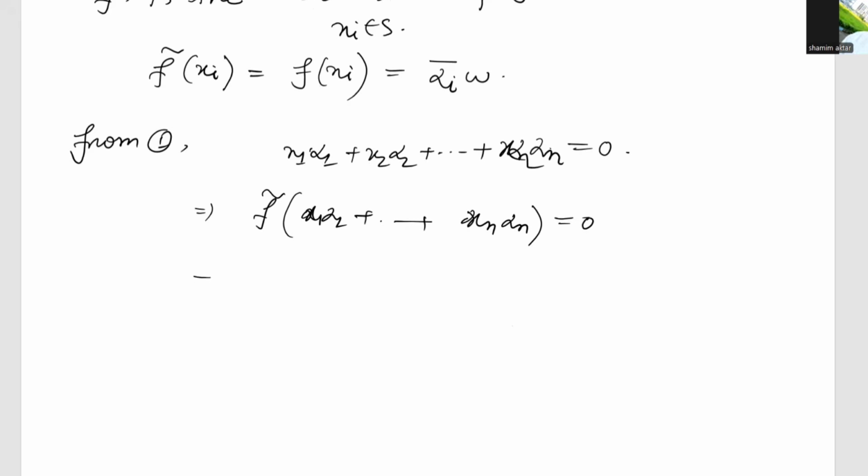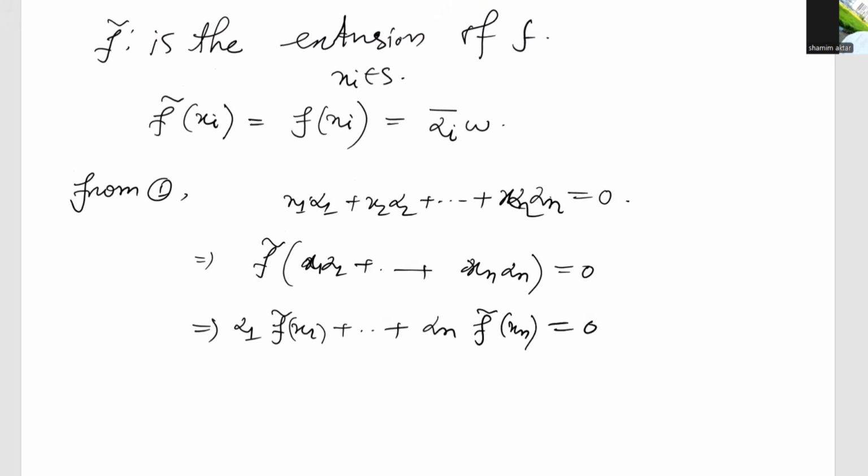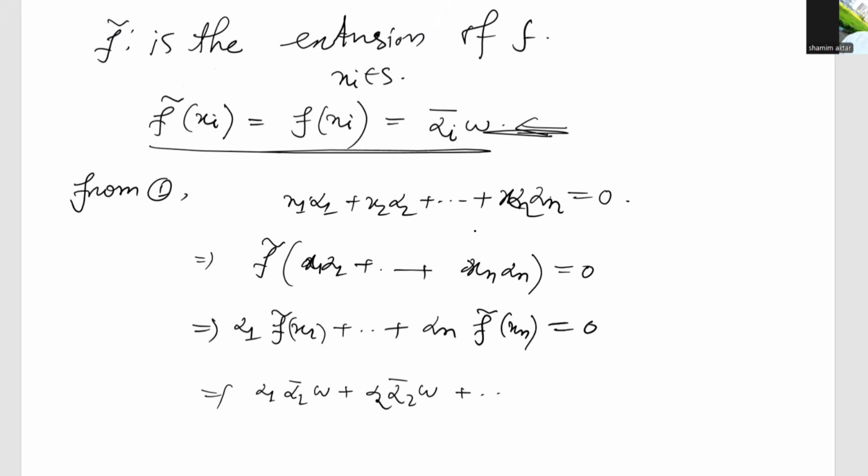Now using the linear property, we have alpha 1 f tilde x1 plus ... plus alpha n f tilde xn equals 0. Now putting in the value of each xi from this, we have alpha 1 alpha 1 conjugate w plus alpha 2 alpha 2 conjugate w plus ... plus alpha n alpha n conjugate w equals 0.